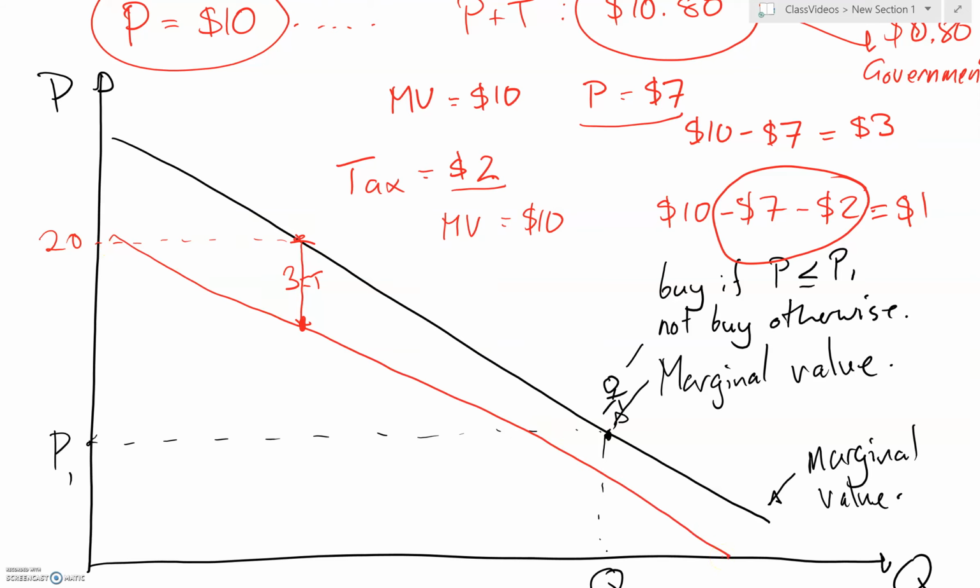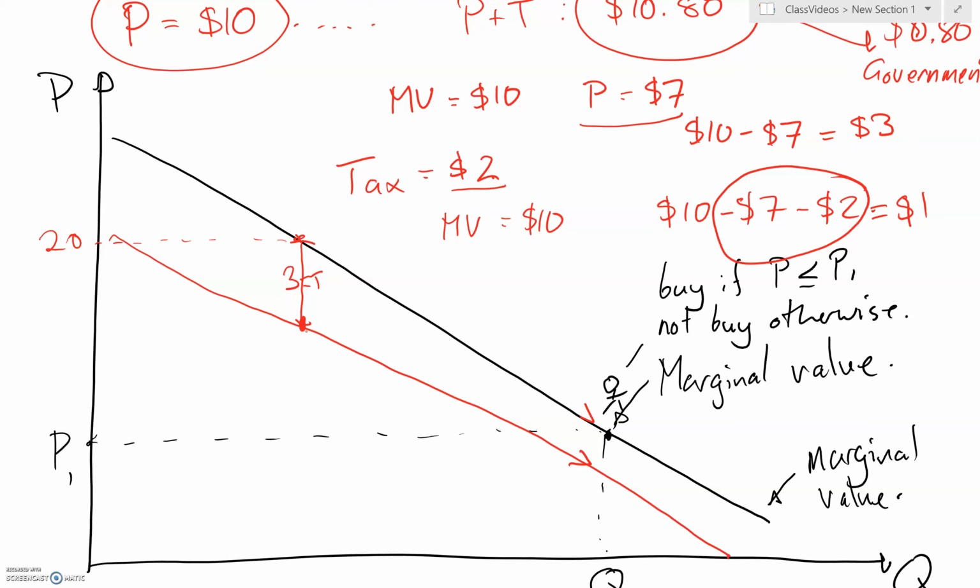Again, imagine these are parallel lines. So we can think about this as, for every quantity here, consumers now get less value out of buying the good, because buying the good now comes with an obligation to send some tax to the government.